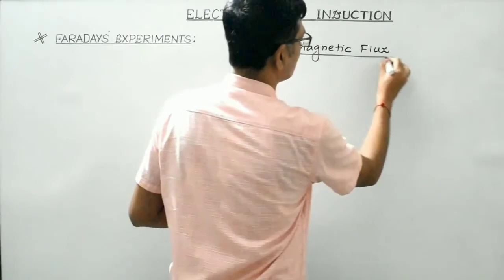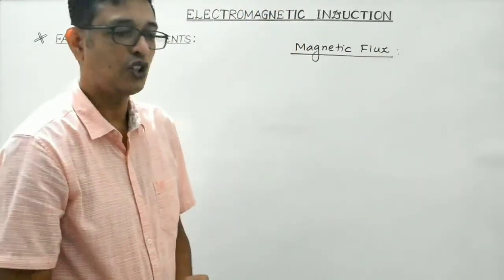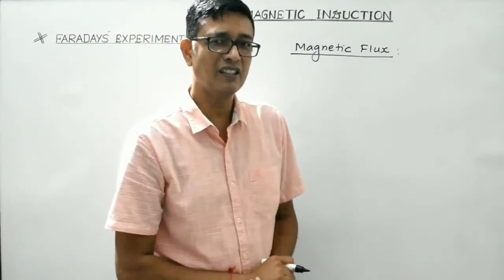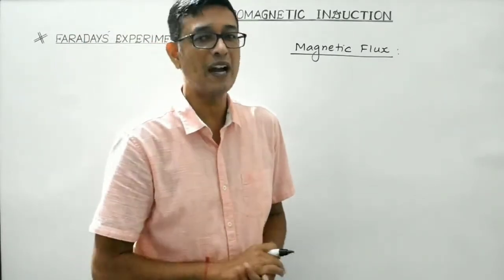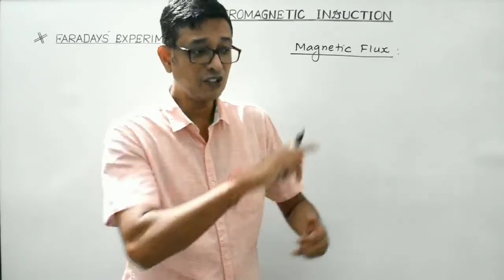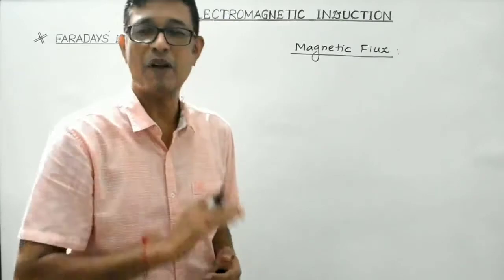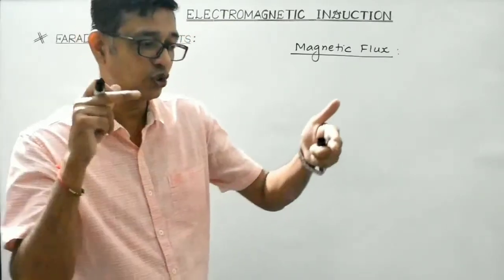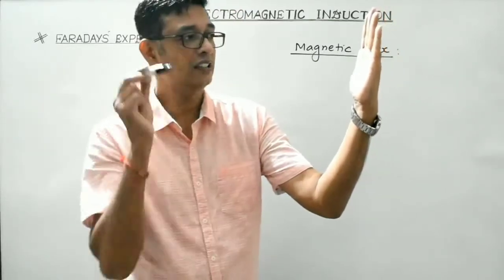Students, flux is a term associated with a surface. In order to introduce this term, consider a surface placed in a region of uniform magnetic field. Flux through the surface is measured as the total number of magnetic field lines crossing through the surface normally. Suppose this is the surface and this is the magnetic field.